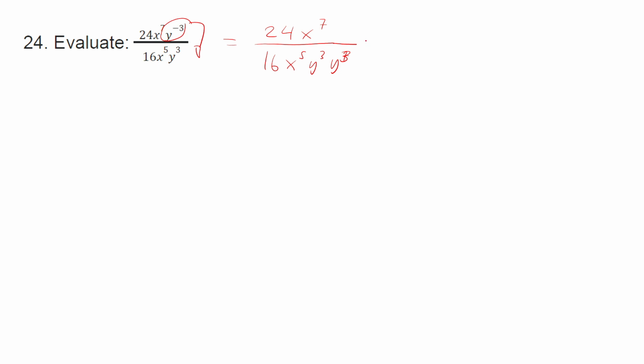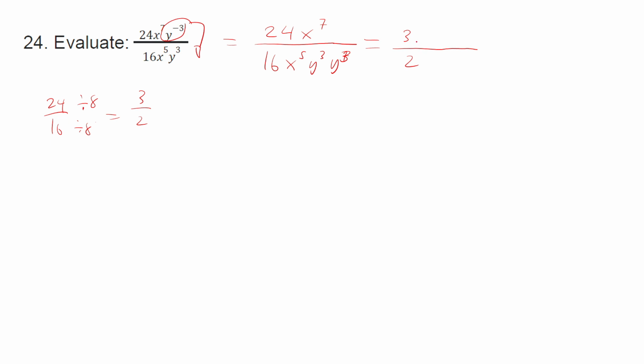So let's continue first. However, the 24 and 16 actually have a common factor, right? 24 over 16. What's their common factor? That's actually 8. Divided by 8, divided by 8, so we have here 3 over 2. That's why our new fraction would be 3 halves.